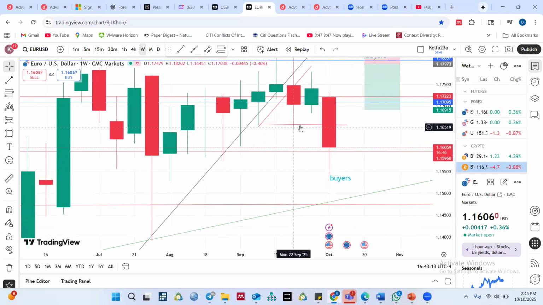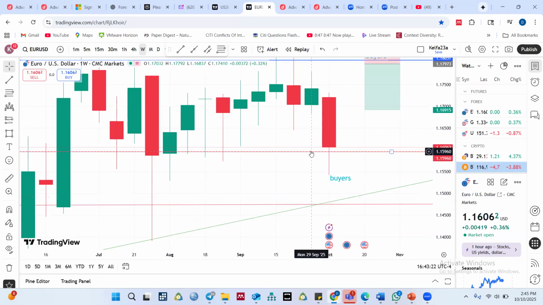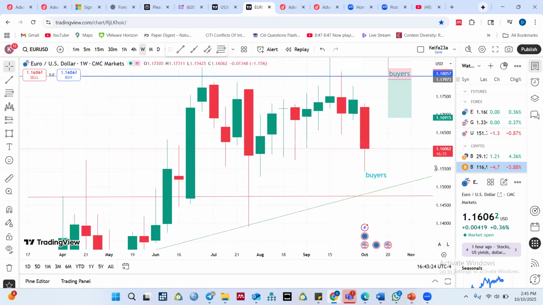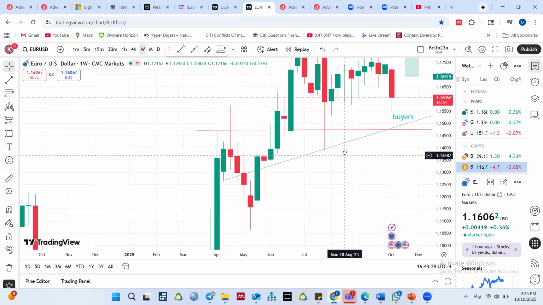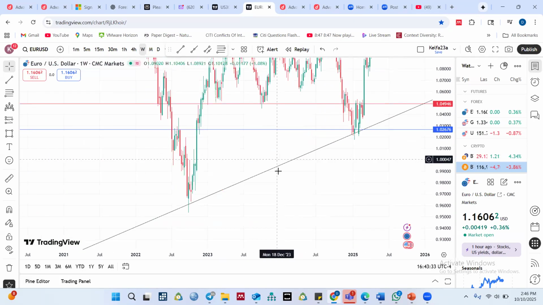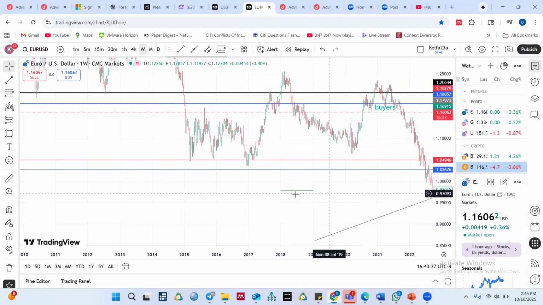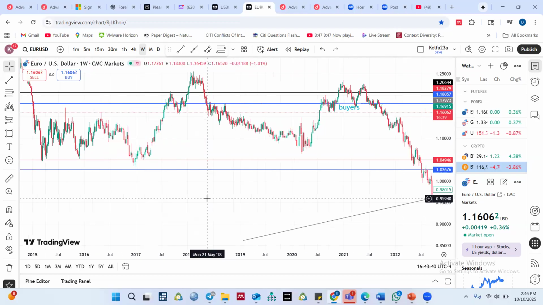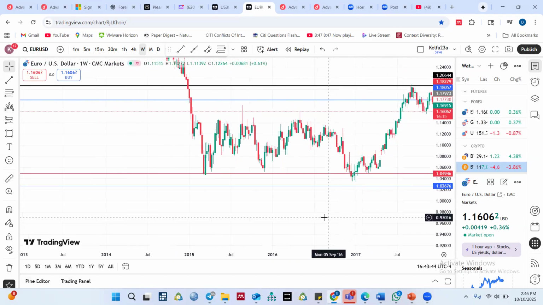Let me clear all the lines I have already on Euro USD, let me clear everything and let's start everything fresh. Let's start Euro USD from down here.